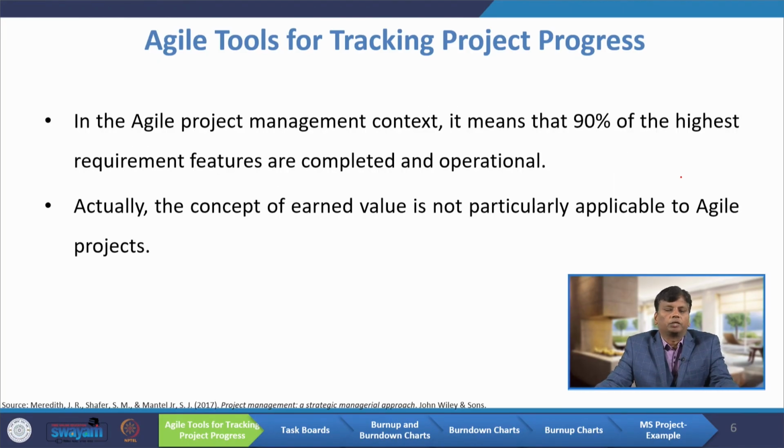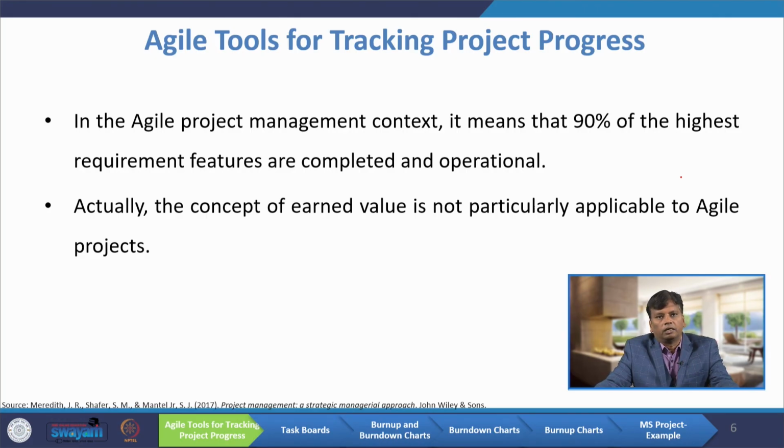But in the Agile context, it means that 90% of the highest requirement features are completed and operational. So, in the traditional project, 90% completion means 90% of the tasks are completed. But in Agile project management, 90% means 90% of the highest requirement features are completed.